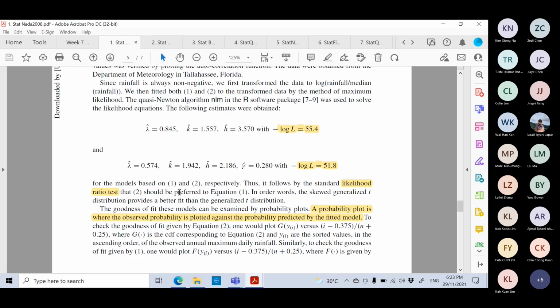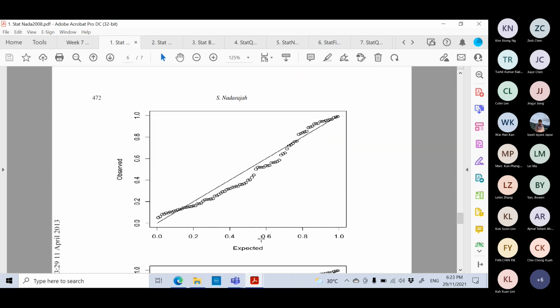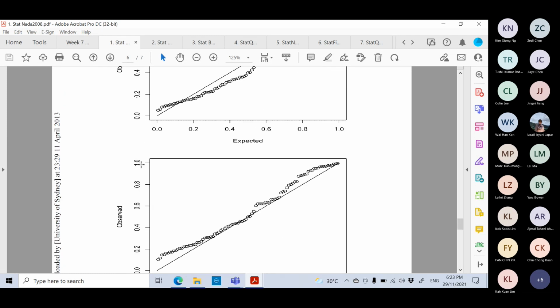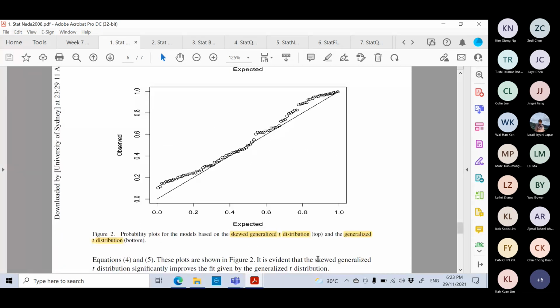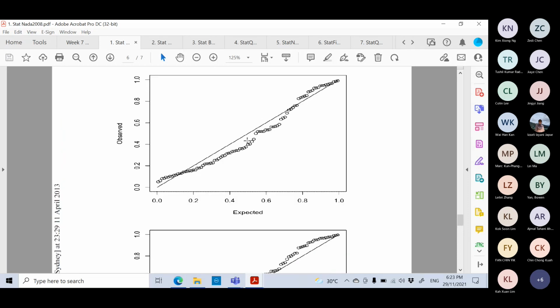The probability plot shows you how good your model is, expected against observed. On the top one is the skewed Student T, at the bottom is the generalized T distribution. If the majority of the points fall on the line, then they are close to that particular distribution.